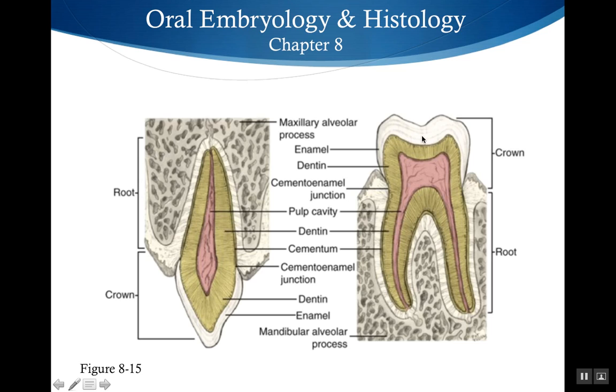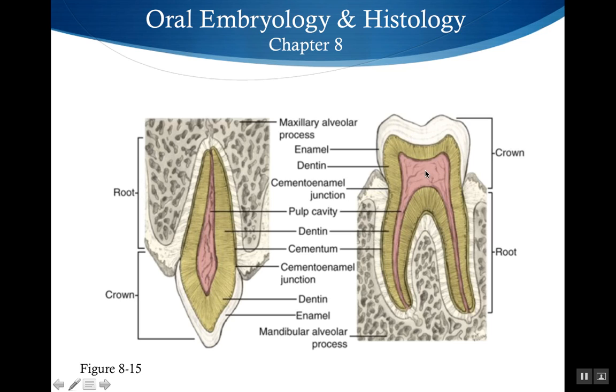form. So in the crown of the tooth, you've got the enamel, which surrounds the outside of the tooth. That's that really hard white area that you see covering your teeth. Underneath that, you have the dentin, that layer underneath the enamel. You also have a layer called cementum, and that is the material that surrounds the root of the tooth.